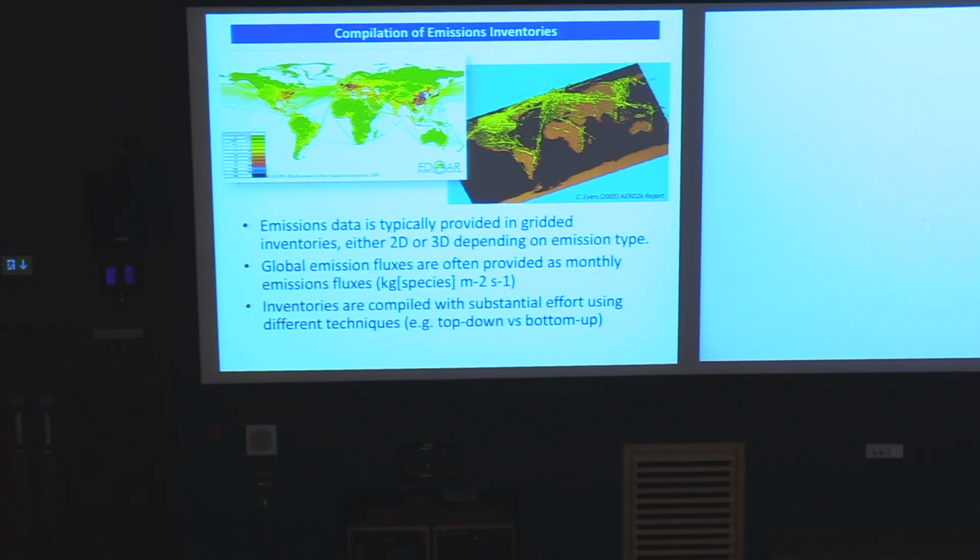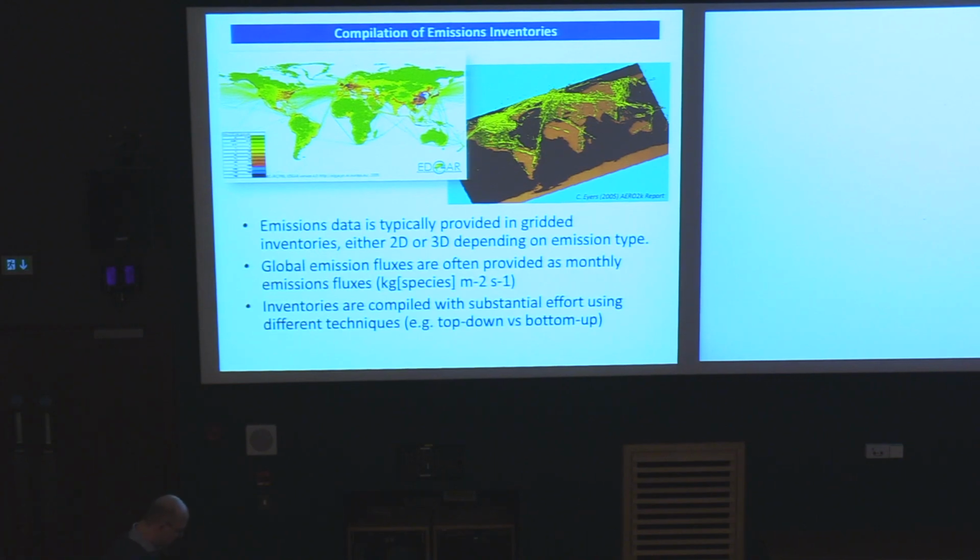So gridded distributions of the data are a common way of providing this, either 2D or 3D by emissions type, and emissions fluxes are then provided as monthly or more frequent, or annual, sometimes mass fluxes in kilograms per emitted species, either per grid cell or per surface area per second.